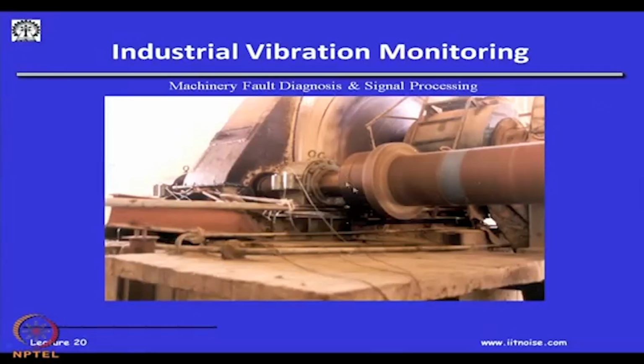Typically, in many industries, be it a cement plant, steel plant, power plant, etc., you will come across many rotating equipment whose vibration has to be monitored, measured and recorded.